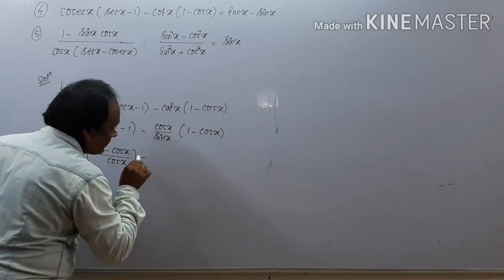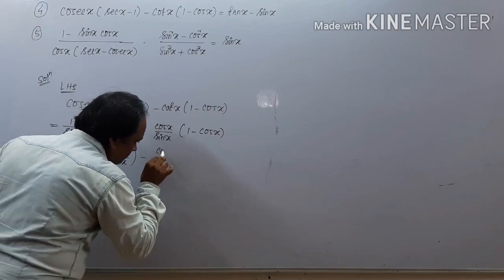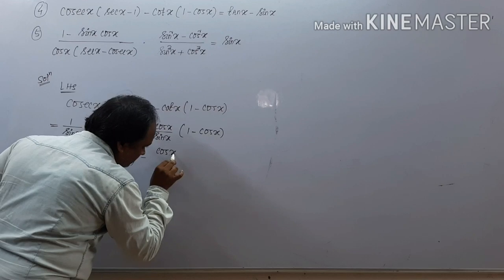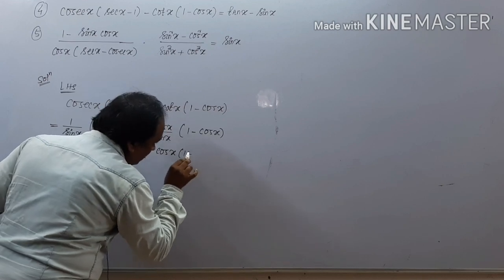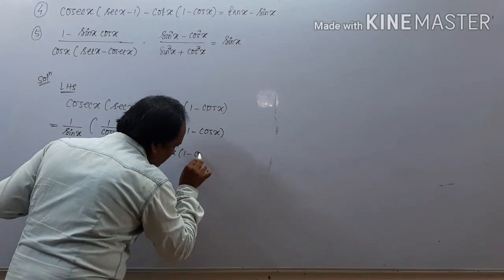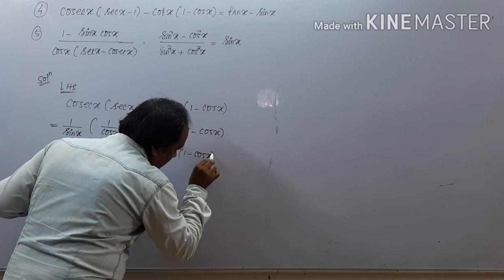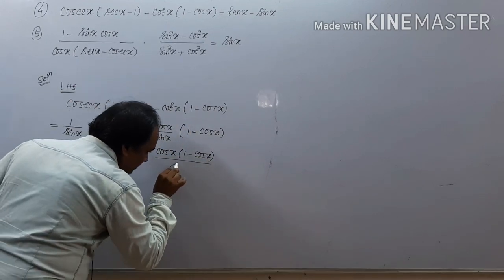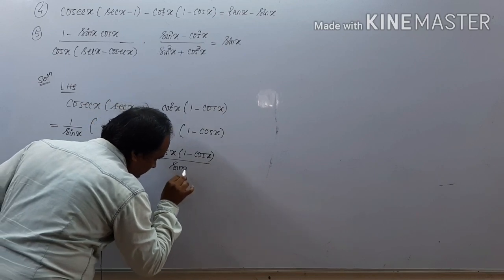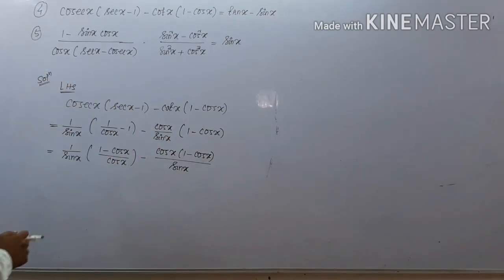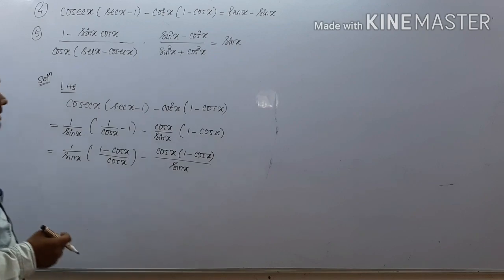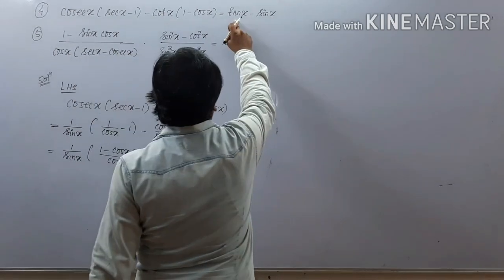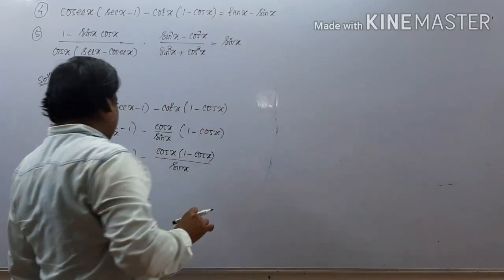Similarly, here this will be cos x multiplied by (1 minus cos x) divided by sin x only. So, what is our requirement? Our requirement is tan x minus sin x.